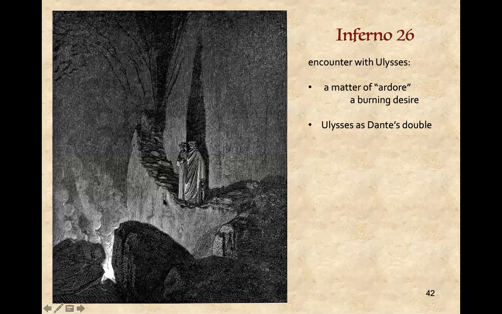And Ulysses answers by telling us the story of how after the end of the war, he traveled through the Mediterranean, but he says there was an ardore, a burning desire in him to keep journeying, keep traveling, keep discovering, that prevented him from ever wanting to return to Ithaca.